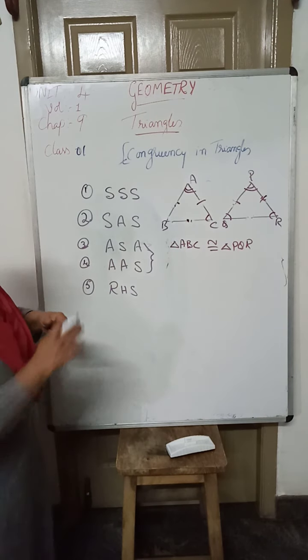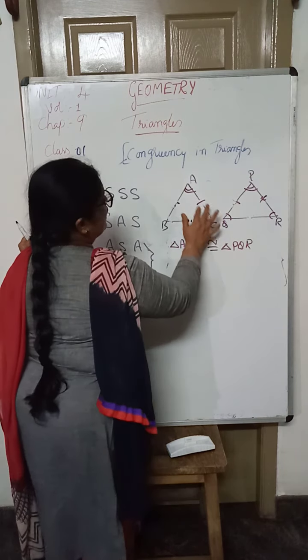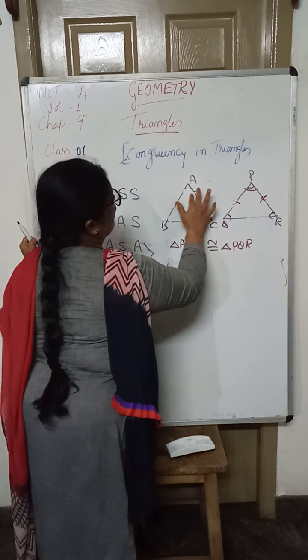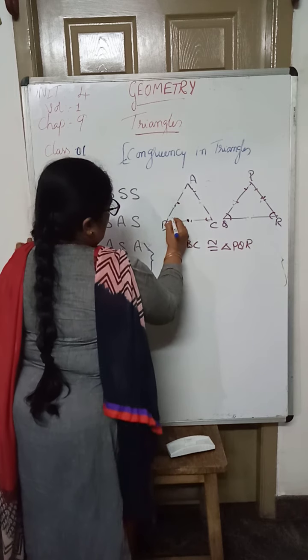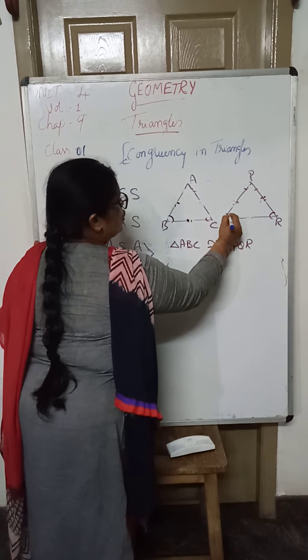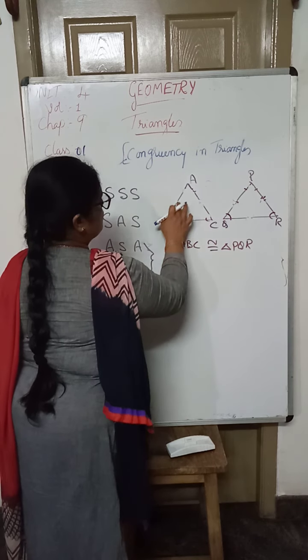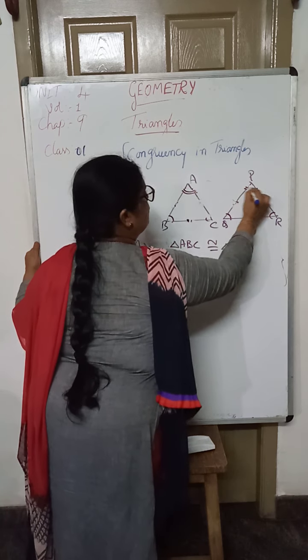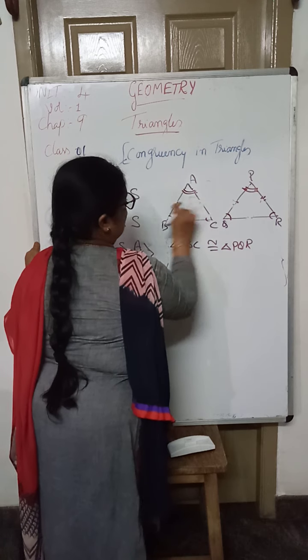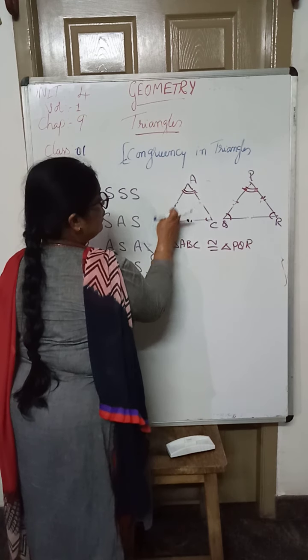Next, AAS. How the AAS condition is to be applied. Please observe the figure carefully. Angle B is equal to angle Q. Next comes angle A is equal to angle P. Then one side. The side should not be between the angles.